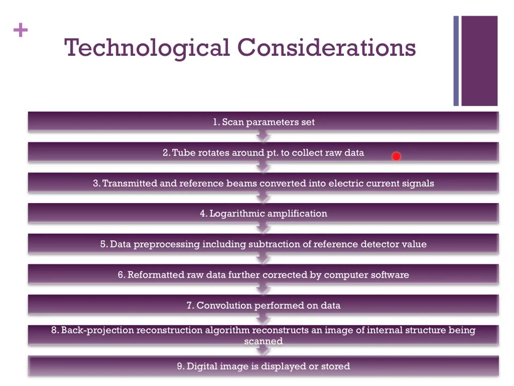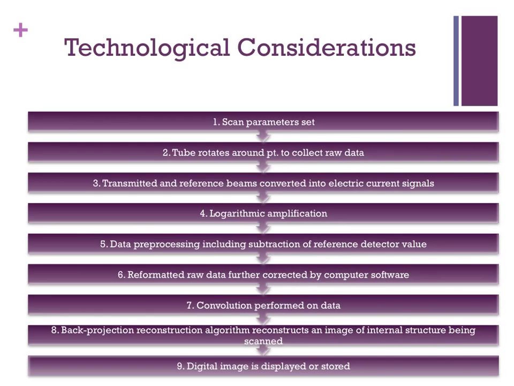The data is transmitted and reference beams are converted into electric current signals. And then the logarithmic amplification occurs, and this is where the relative transmission readings are changed into attenuation and thickness data through the equation covered on page 55 in your book, equation 3.2.